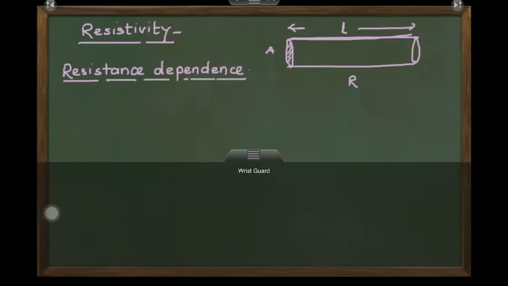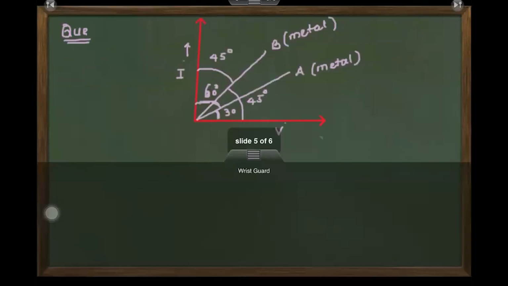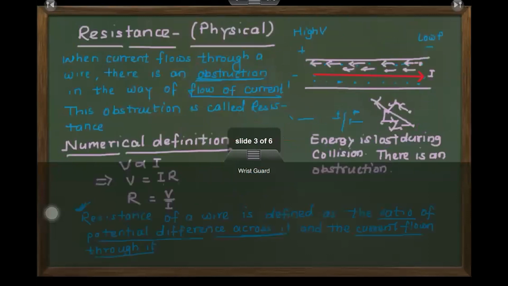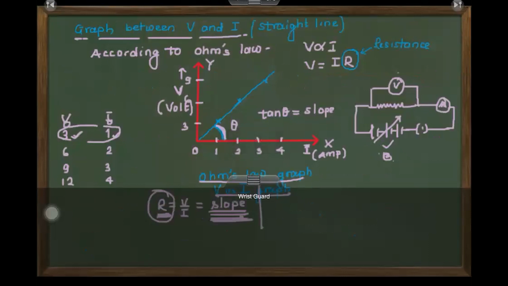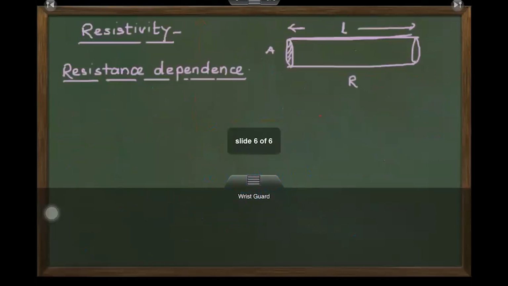So I'm taking you all back. When I interpreted resistance, what I had told is that resistance is an obstruction. And why did this obstruction come? Due to collision of the electrons.